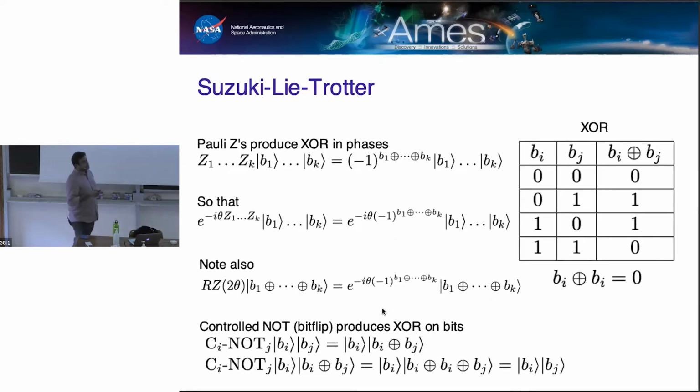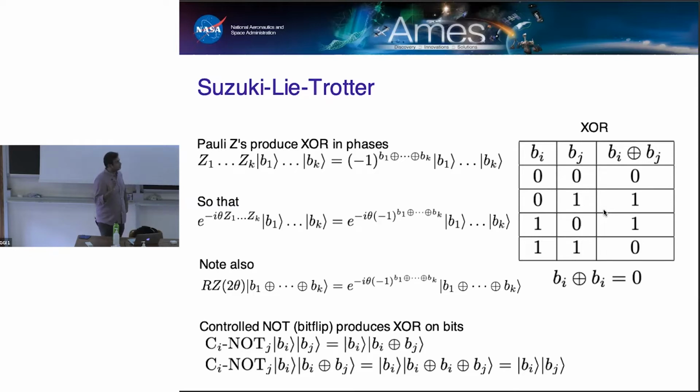Now let's see how this works in more generality. If I have not just two Z's, but K Z's, then one way of looking at it is this: the product of K many Z's on K many qubits goes as -1 to the exclusive OR of all those particular bits. Exclusive OR is a classical operation which just says it's 1 if the bits disagree with one another, and it's 0 if they're equal.